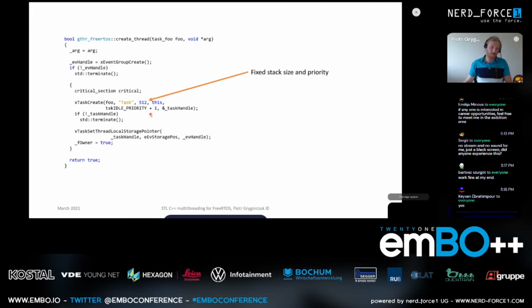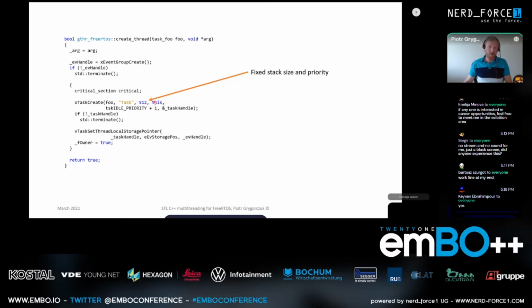STL doesn't provide an interface to specify stack size or priority. So here it's fixed, one for all. And if you need to modify this, you will be doing this for all threads in your application.